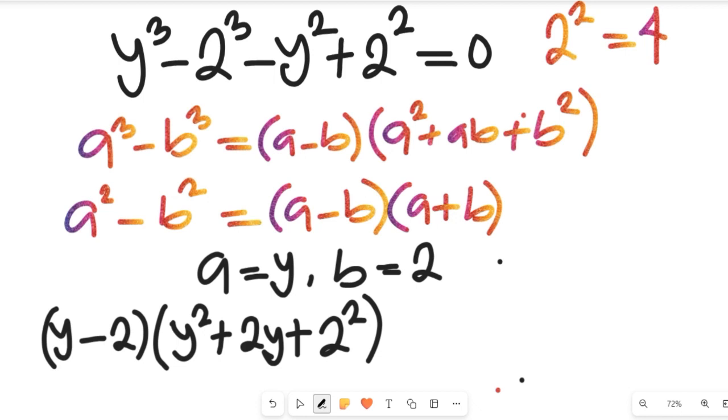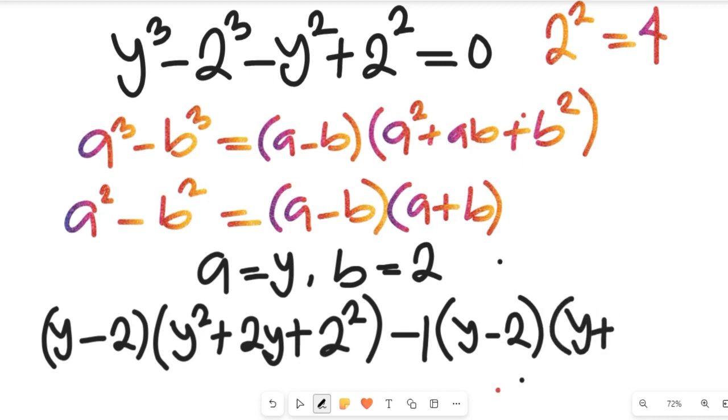Then the second one will have a negative 1 multiplied by y squared minus 2 squared, which will give us y minus 2, right, on the other side, and then we'll have y plus 2.